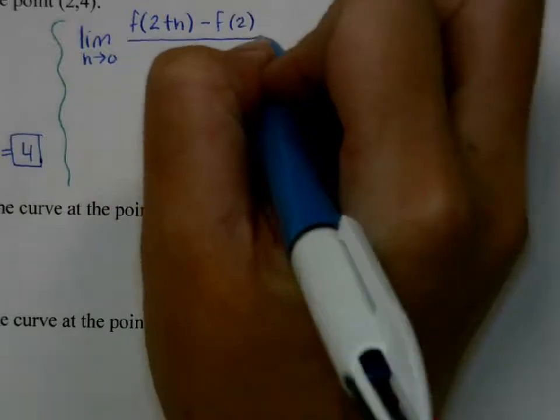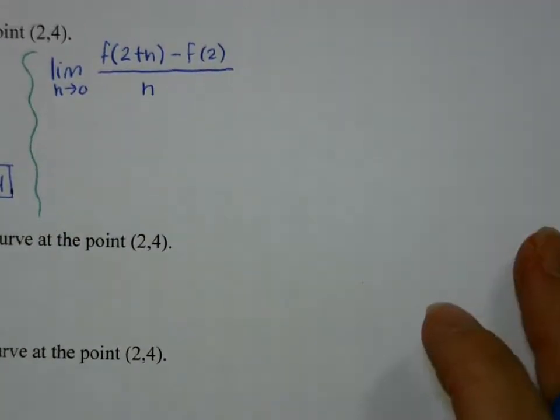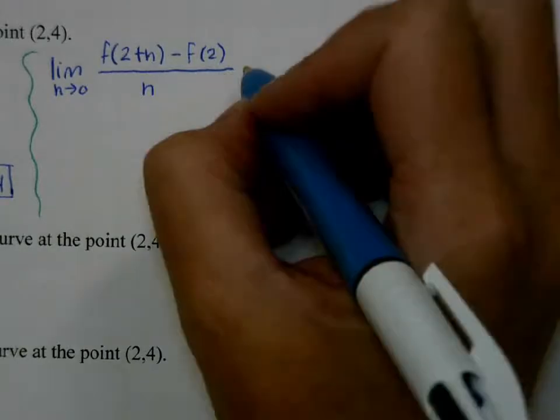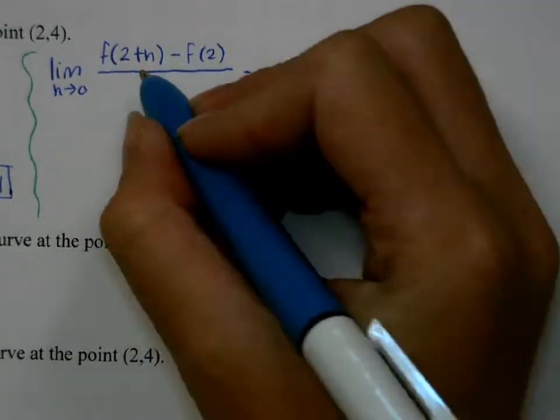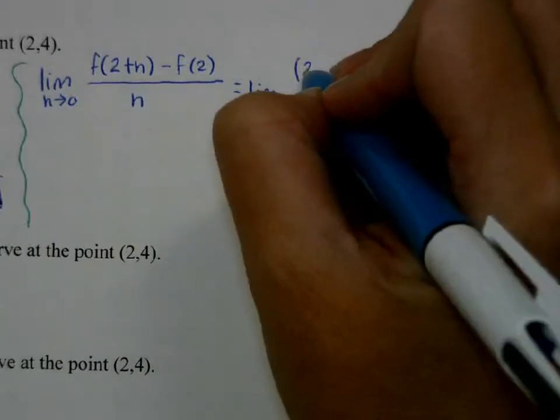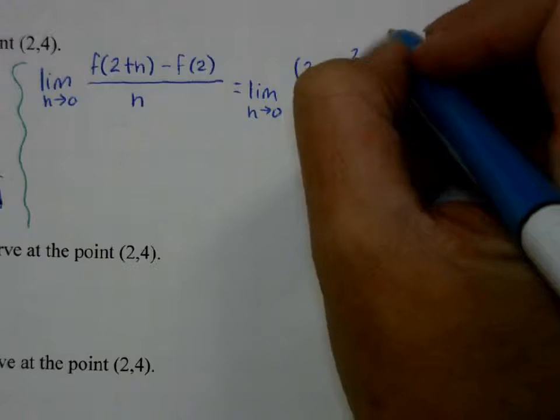Okay, well, our f of x is x squared. So f of 2 plus h is going to be (2 plus h) squared minus f of 2, which is going to be 4 still, over h.